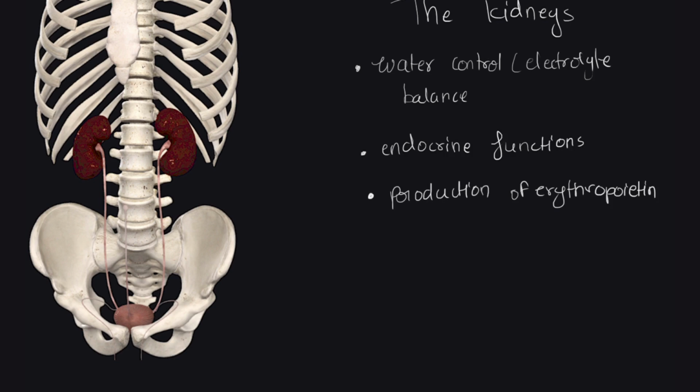So we can say that the three important things the kidney does for our body are that it brings about water control, it controls the endocrine functions, and it is also responsible for the production of erythropoietin. Erythropoietin, as we all know, is responsible for the production of red blood cells.